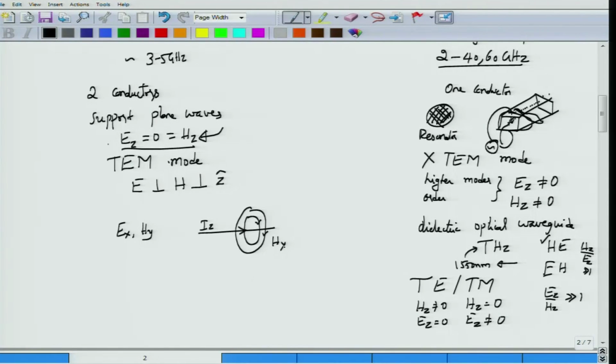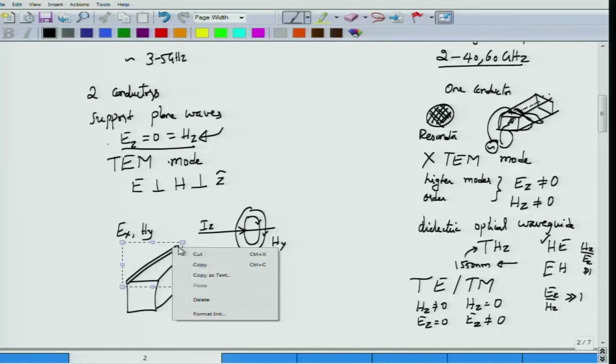So this is very important. A rectangular waveguide, which I am assuming in this particular case, does not have any conductor in between, right? So that is obvious.